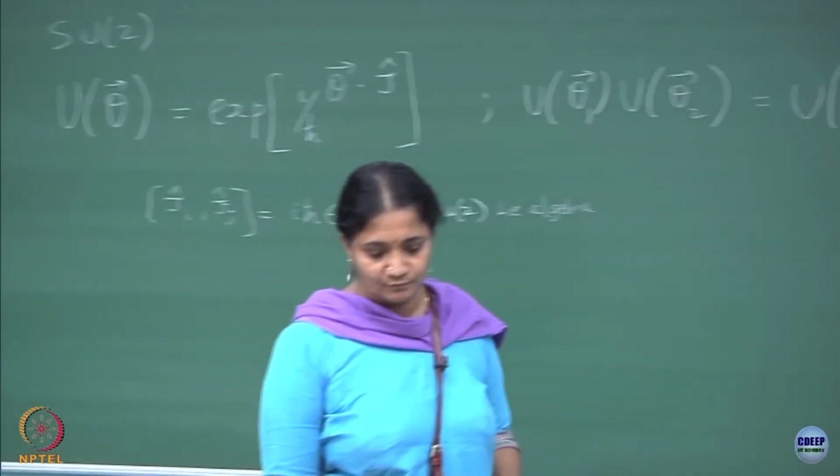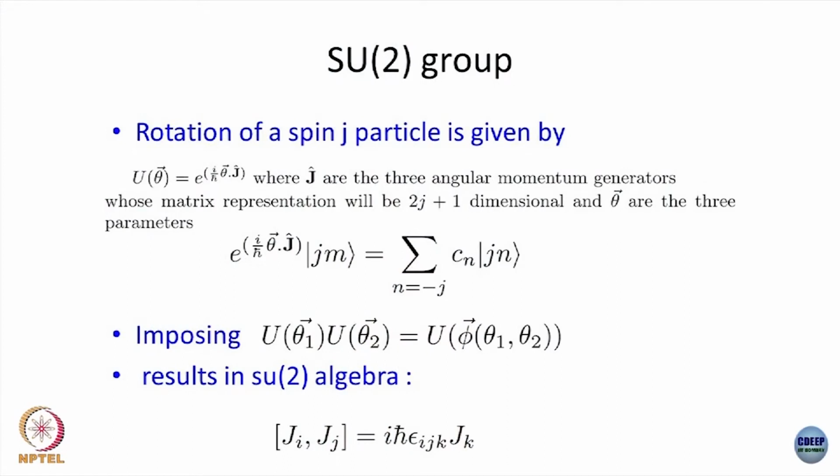Okay. You see that the dimensionality of the vector space depends on j: it is a 2j plus 1 dimensional vector space.